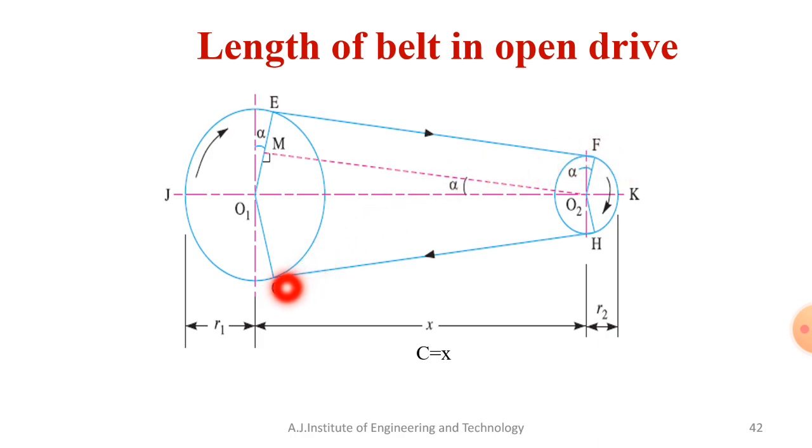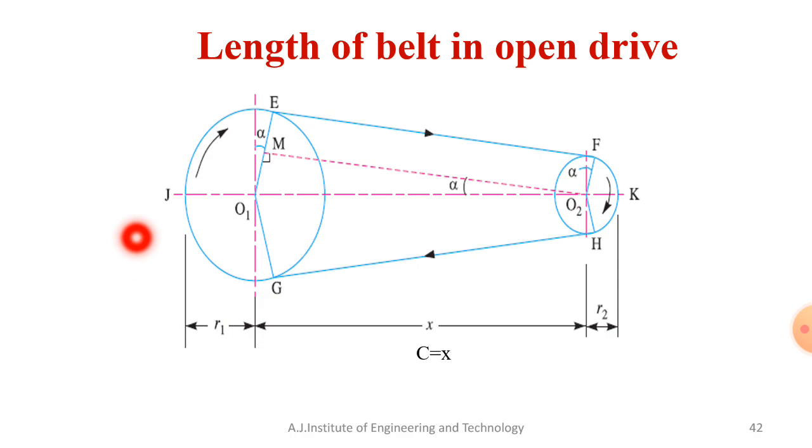So we have to find out the total length starting from J to E, E to F, F to K, K to H, H to G, and again G to J. What is the length? That you have to find out. It means you have to derive one expression for that.